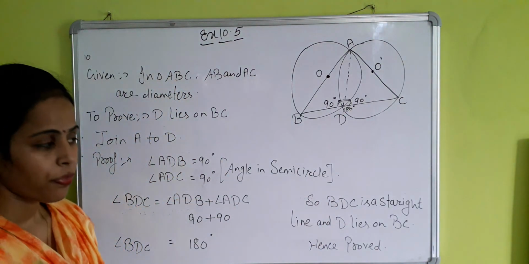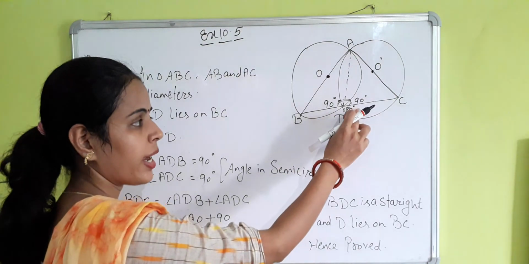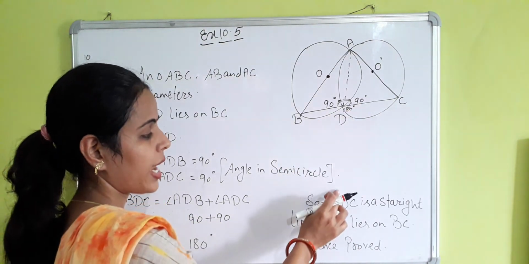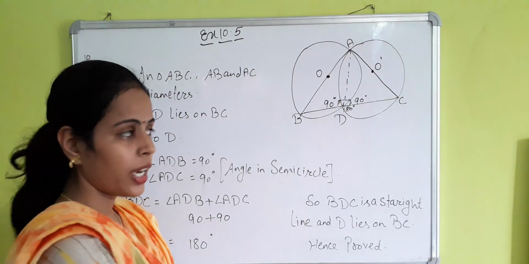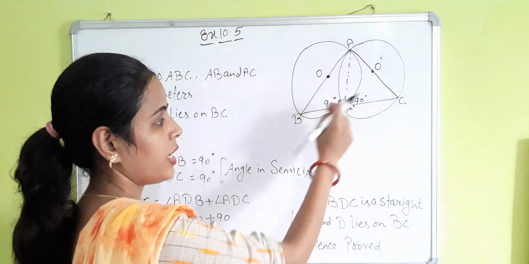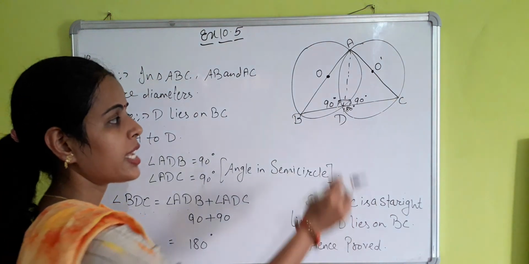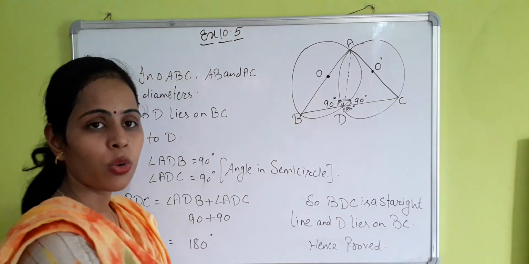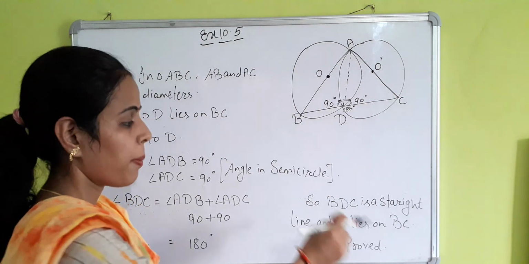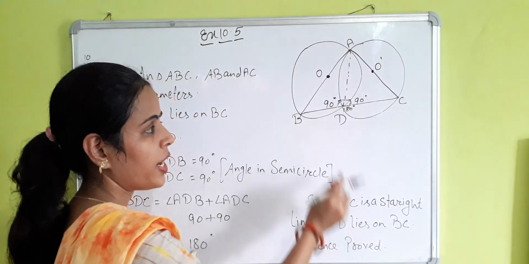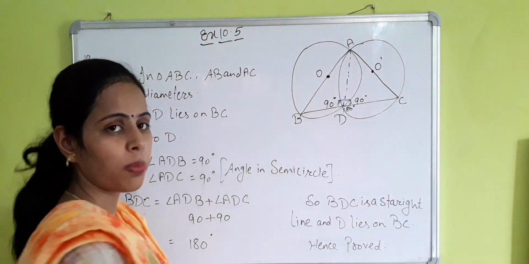Straight angle. If this angle is straight angle 180, so we can say that BDC is a straight line. If this line is a straight line, then this point D lies on the line BC. BDC is a straight line and point D lies on this line BC.